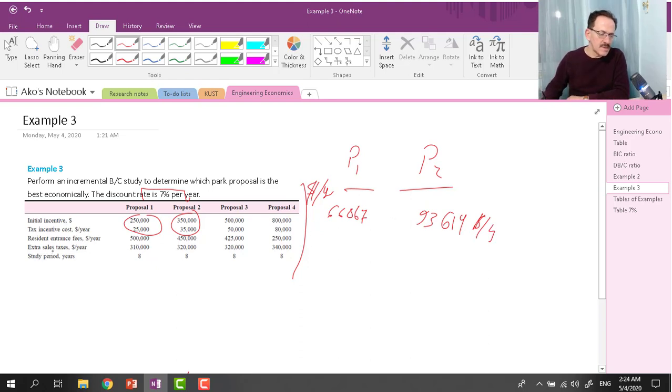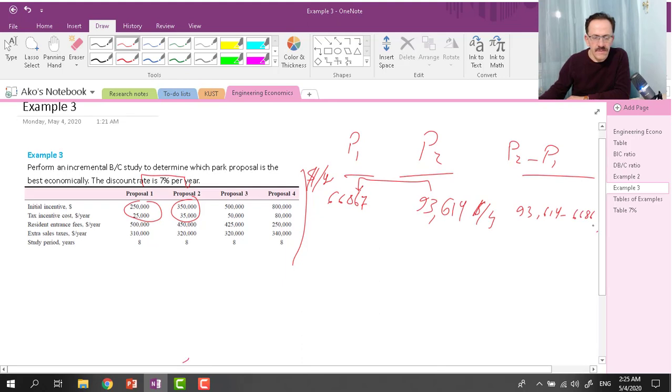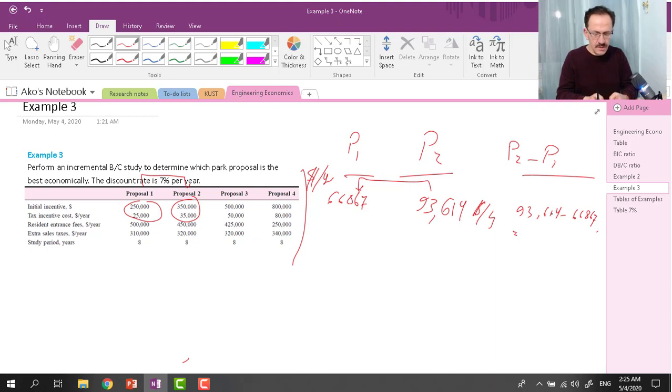Now this is for the cost. So P2 minus P1 is the value of this value minus this one. So 93,614 minus 66,867.